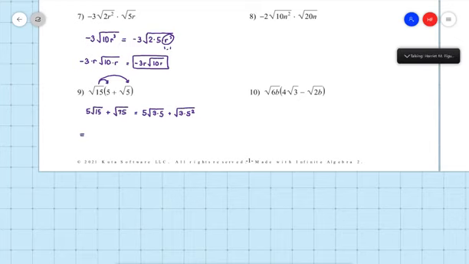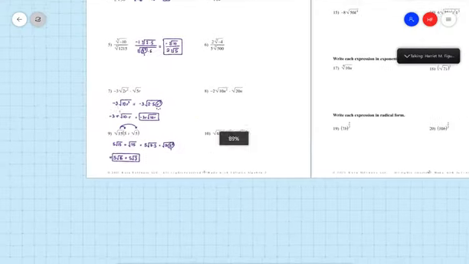So we can take out these 5's with no remainder since my index is 2. So we end up with 5 square root of 15 plus 5 square root of 3. And since my radicand and index don't match on both, we've got square root of 15 and square root of 3. They're not exactly the same. That's my final answer.